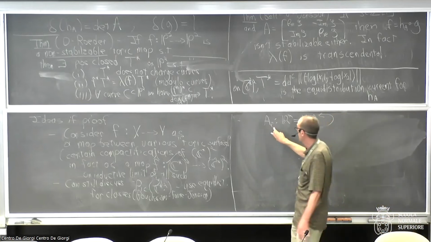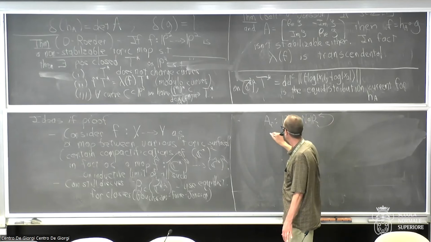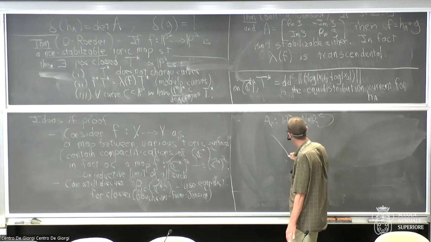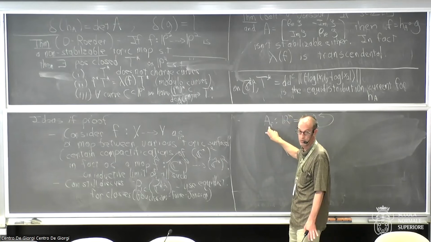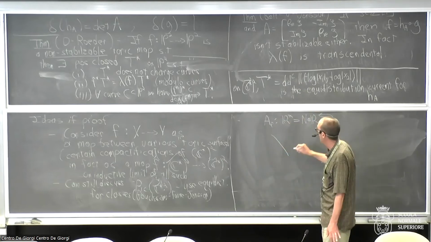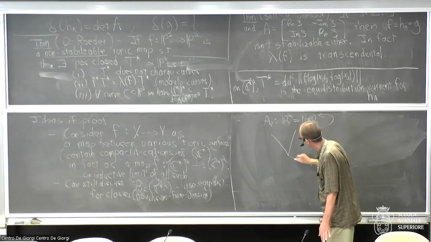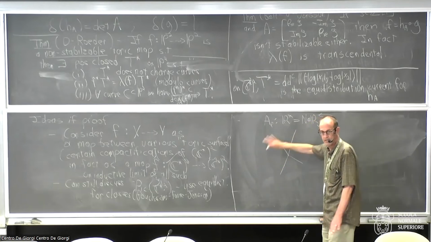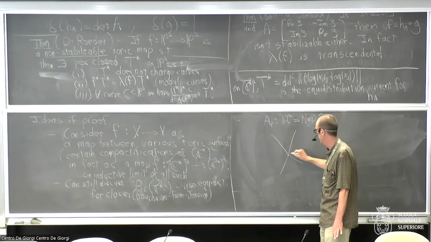So there's a map which I call A sub f, and the way A sub f works, it's not a linear map anymore. It's linear if you start with a monomial map, as in that theorem, but in general, you have a decomposition into cones in R2.